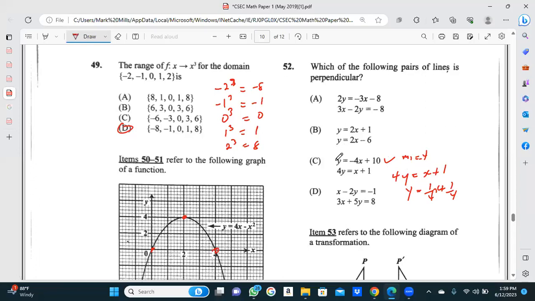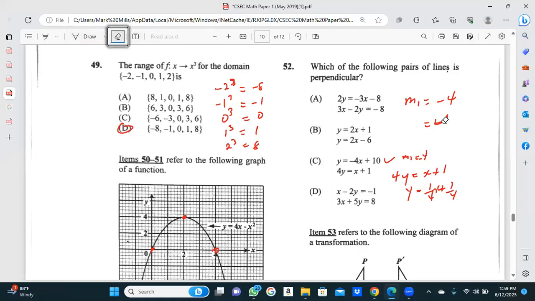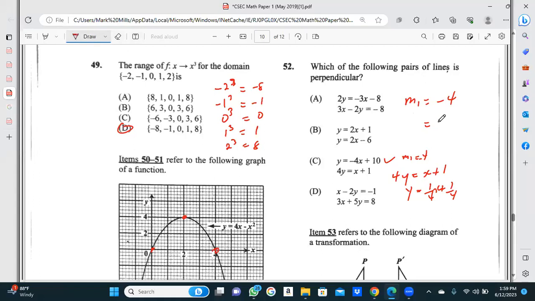Why is it C? The gradient for the first one at the top is -4. When I work out this one, I'm getting positive 1/4. The second one gives me 1/4, right?